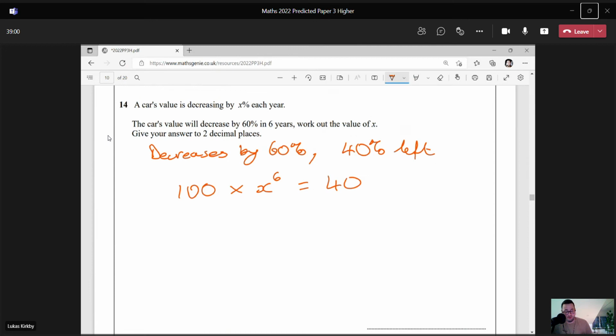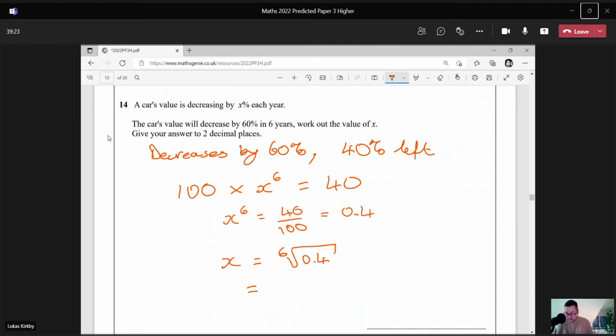Okay, so now if we just solve this, we divide by 100, so x to the power of 6 is 40 over 100, or 0.4. And then to get x on its own, you want the 6th root of this, so it's going to be the 6th root of 0.4. So let's just find the root button where we can put whatever we want.